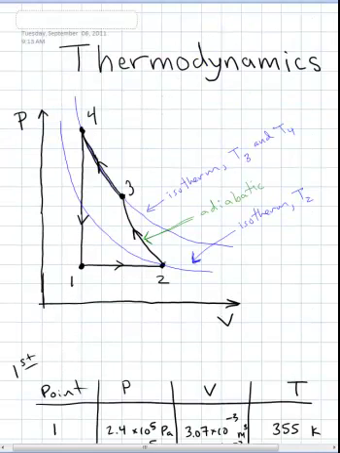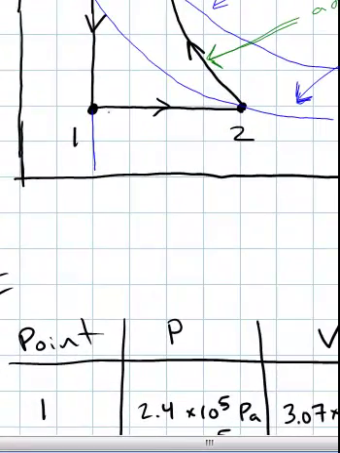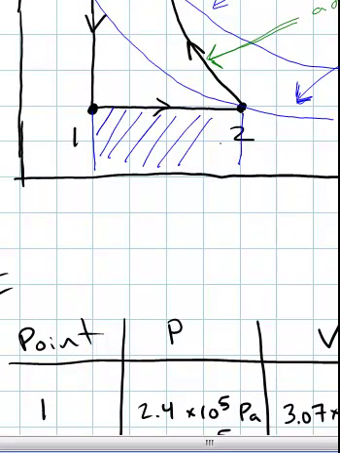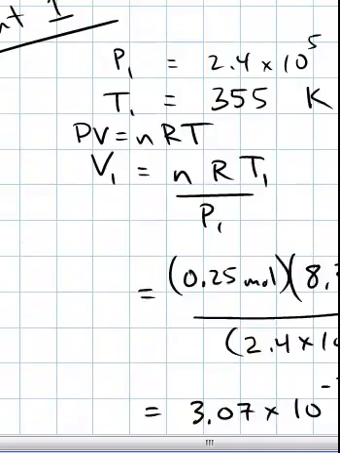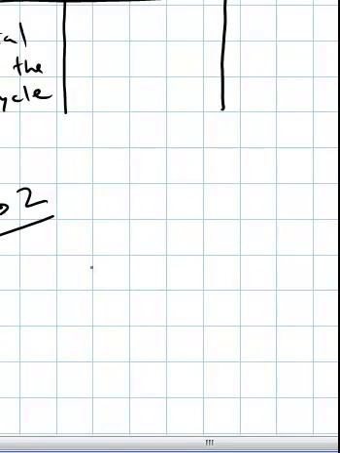From 1 to 2, we have a process where the pressure is constant. That's one of the easiest ones because the work done is just the area under that curve. I'm going to shade it in blue here. And so it's just the pressure times delta V. We know all of that.